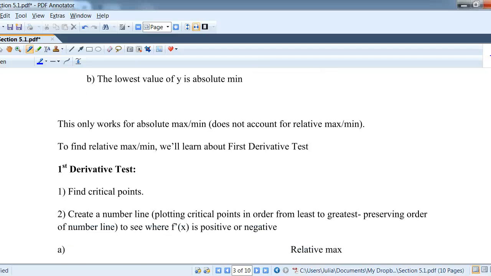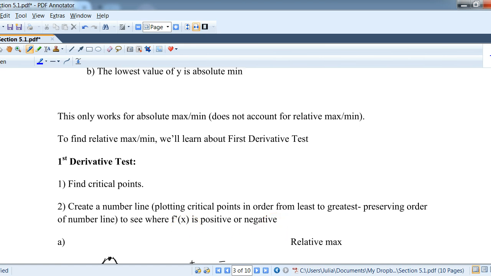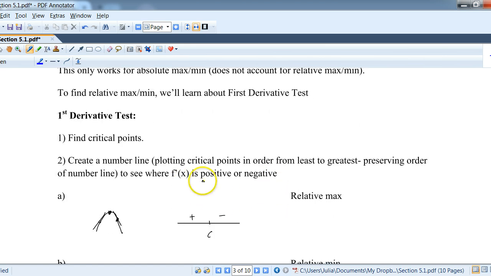Now let's talk about the first derivative test. To find max or min, we can perform the first derivative test. How do we do that? First, find critical points as outlined above. Then create a number line plotting critical points in order from least to greatest, preserving the order of the number line to see where f prime of x is positive or negative, because we can tell whether the function is increasing or decreasing.